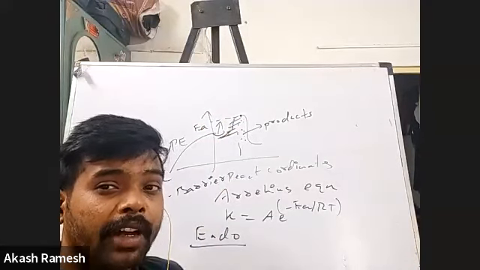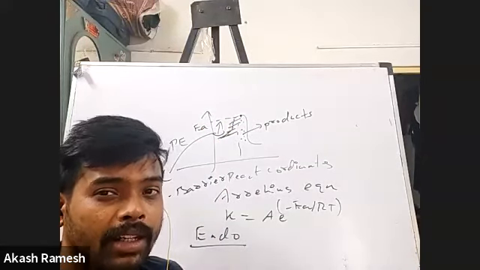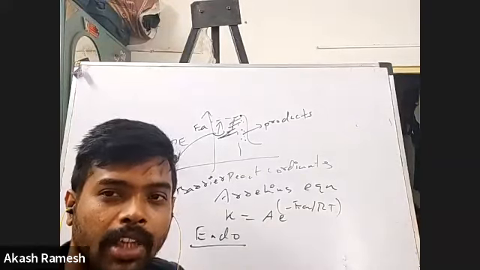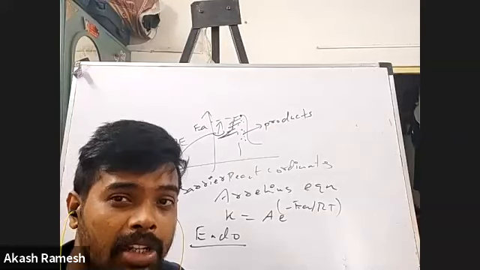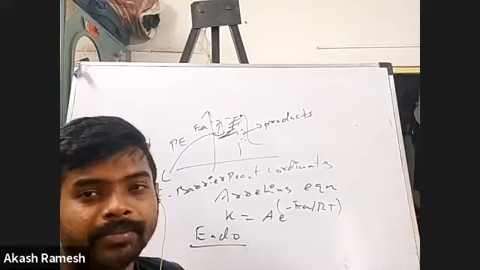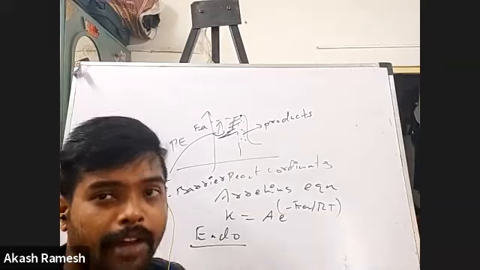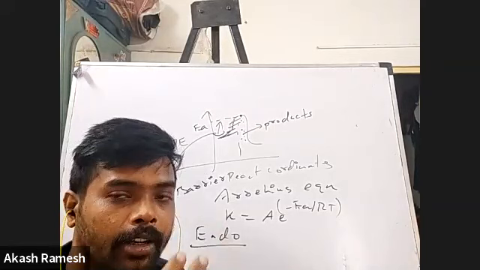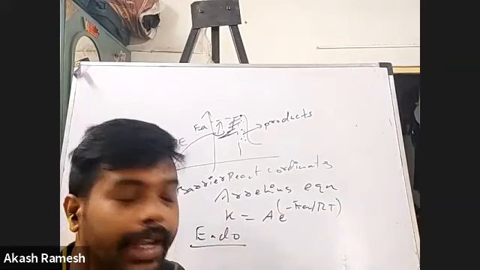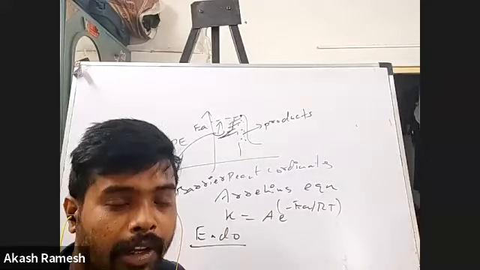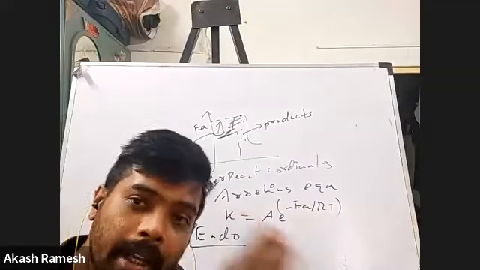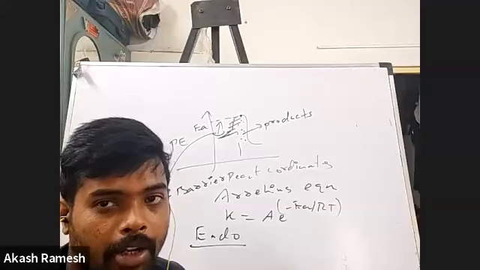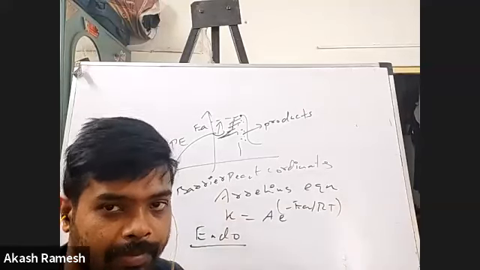Now, if it is an endothermic reaction, even though the number of collisions keeps on increasing, that energy is not enough. So the amount of energy obtained from the collisions is not enough, and that's why I am supplying energy so that it reaches the activated complex or the activation energy.